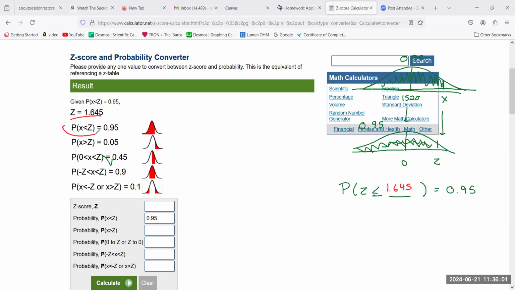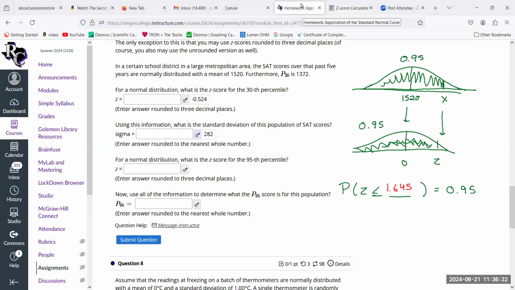And you can always use these little pictures here to make sure that you clicked on the right probability if you sketch it out. So we're seeing that everything is filled in to the left of whatever the score is. Okay, so we have the z-score now.